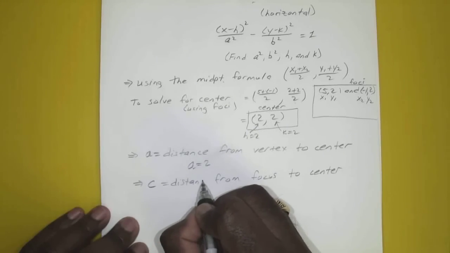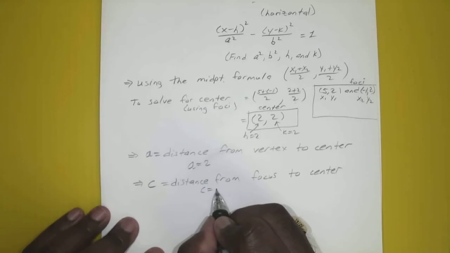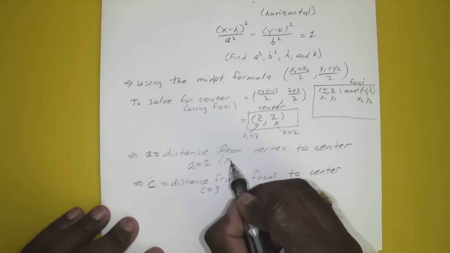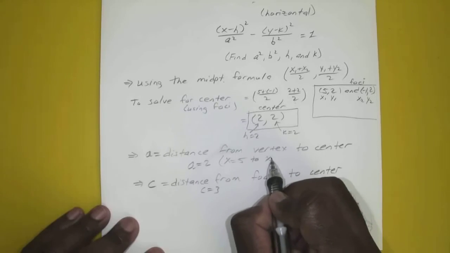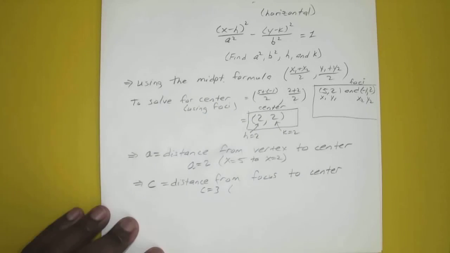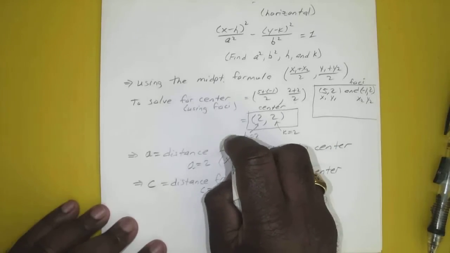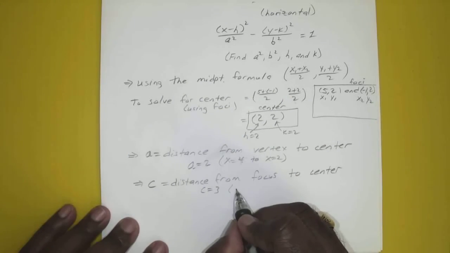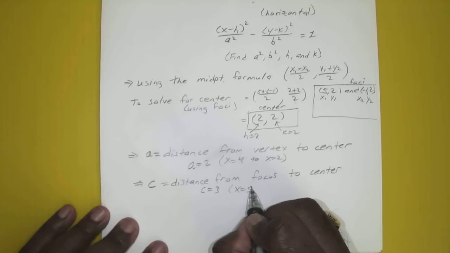It says A and C, so we know that C is equal to 3. So just say x equals 5 to x equals 2. And this is from x equals, that should be 4 to 2. Sorry about that. And this is x equals 5 to x equals 2.